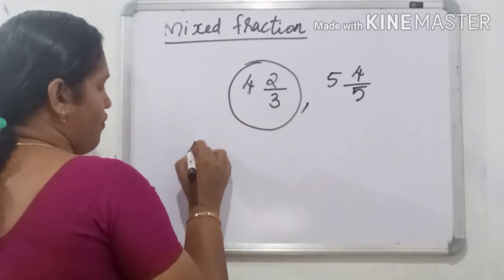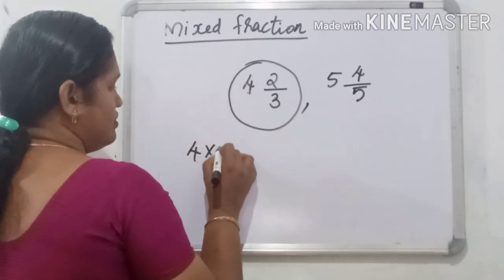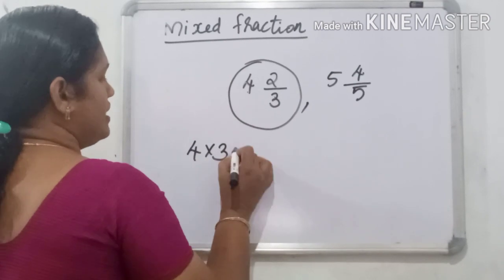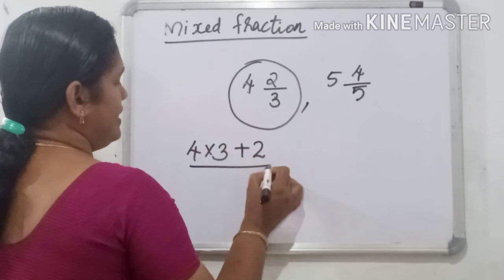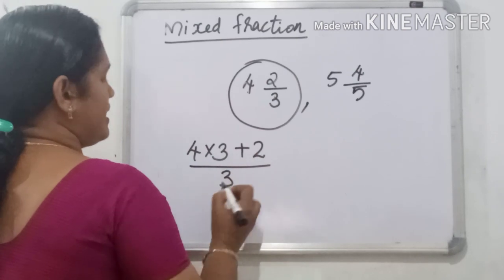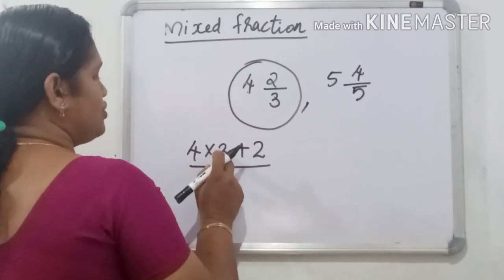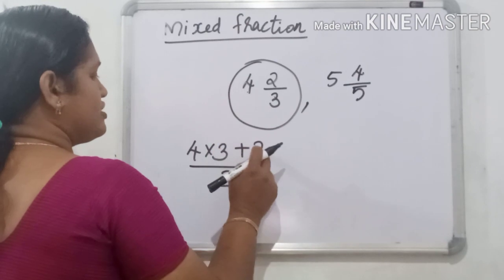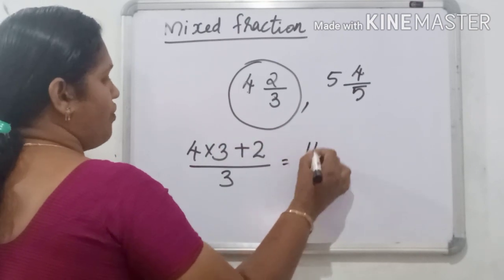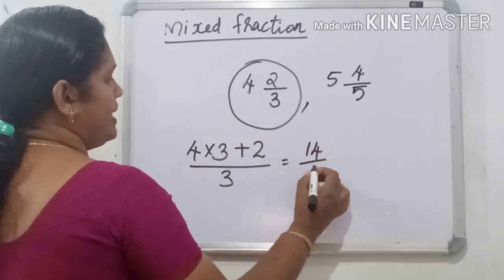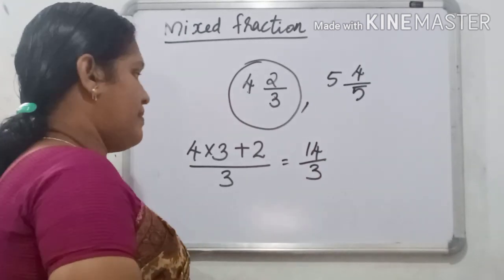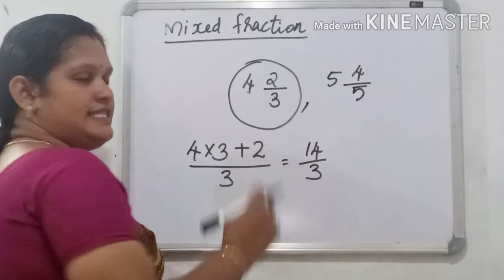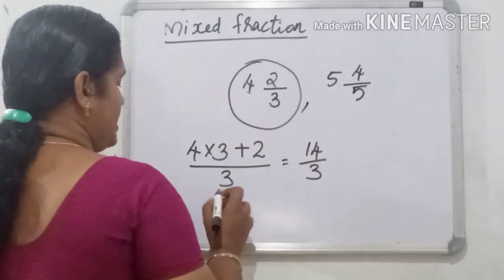That means 4 into 3 plus 2 by 3. 4 3s are 12. 12 plus 2, 14. 14 by 3. This is an improper fraction.